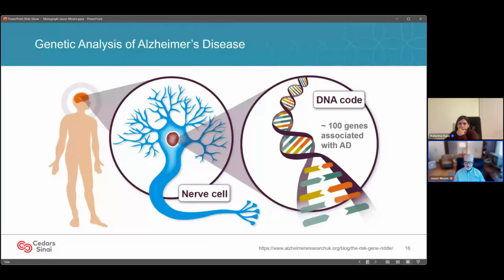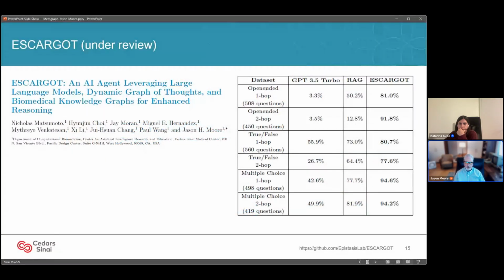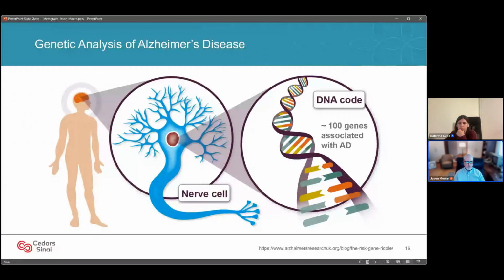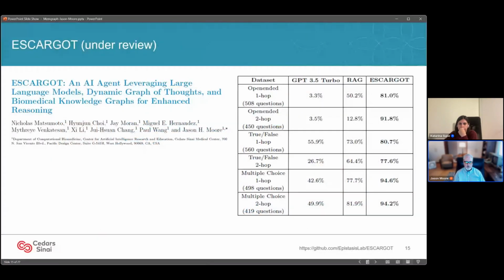Actually, I don't have a slide describing Escargot. I'm sorry about that. But basically what Escargot does is make the Graph of Thoughts more dynamic. And I think this will be of interest to Memgraph.